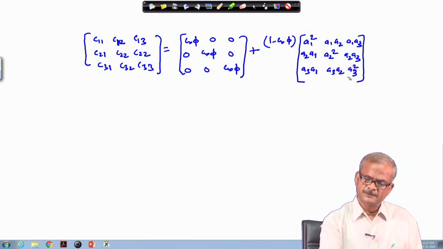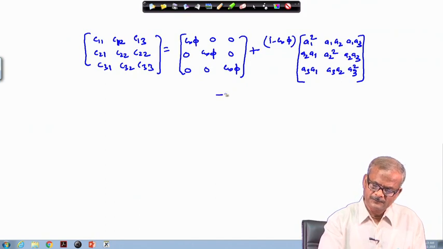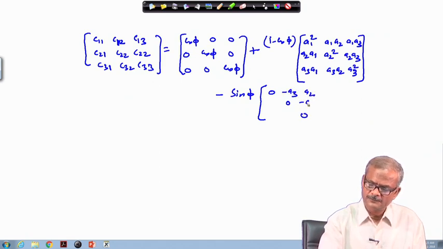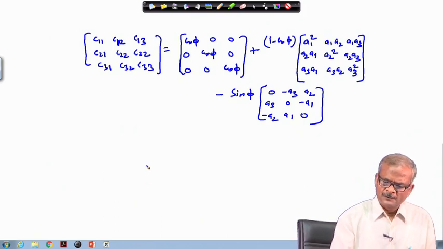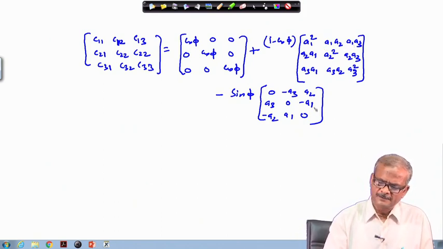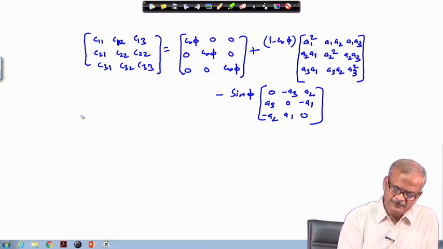So, this is your second term, and the third term, of course, is minus sin phi and A cross, which is a skew symmetric matrix, minus A 3 A 2, A 1, A 1, A 3, and this is minus A 2. Okay. So, if we add the right hand side and compare these terms, we can get the corresponding values.